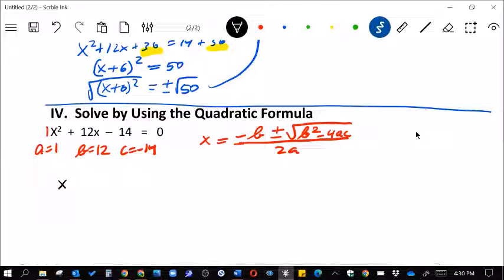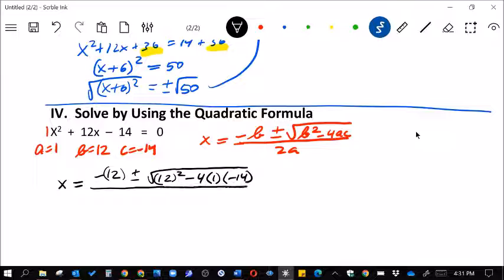So that means that the x's that we want are equal to negative 12, so 12 is the b, plus or minus the square root of 12 squared minus 4 times a times c. And all of that over 2 times a, which is 2 times 1.